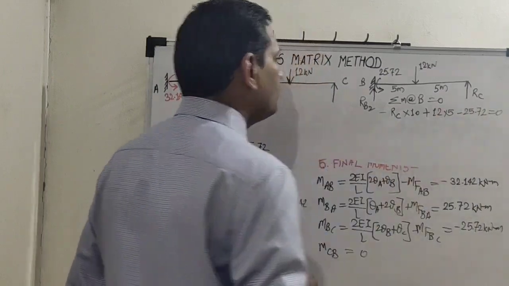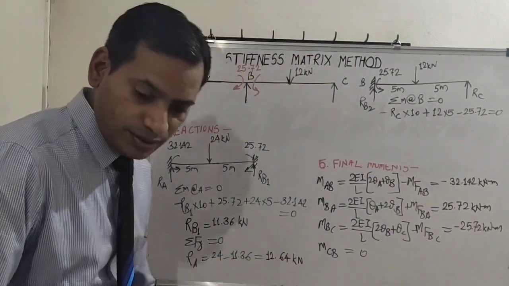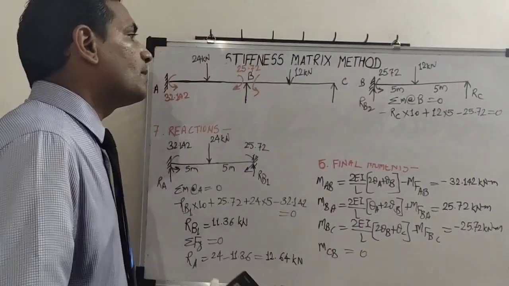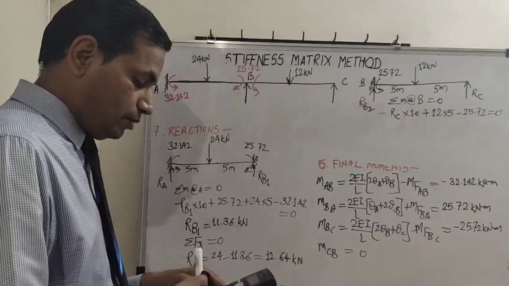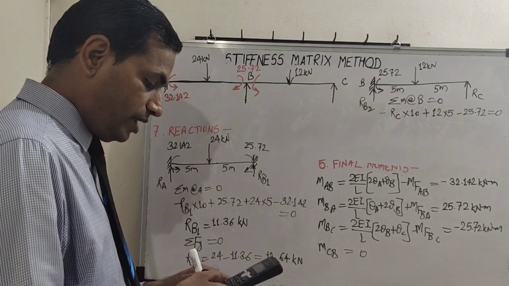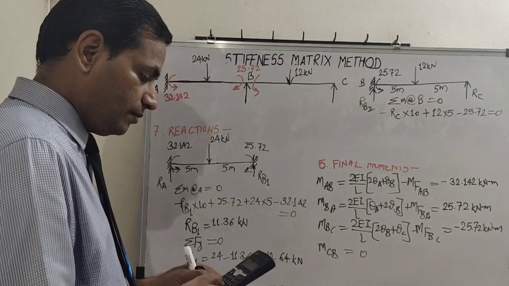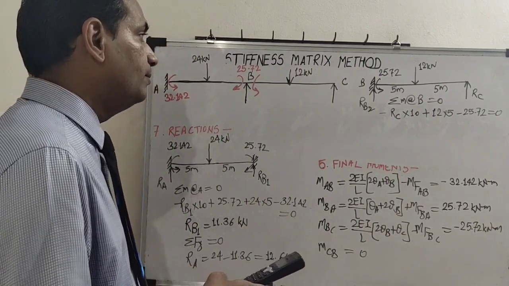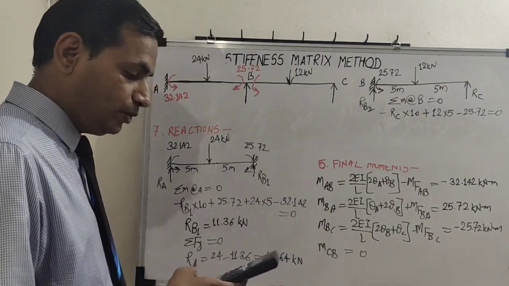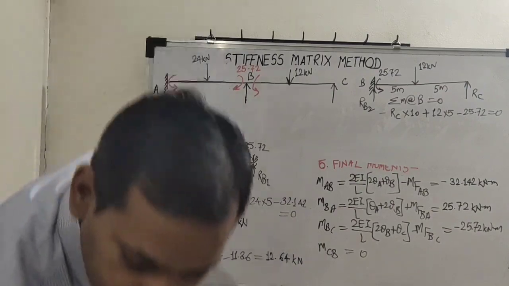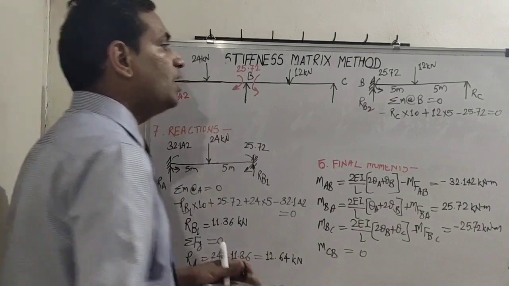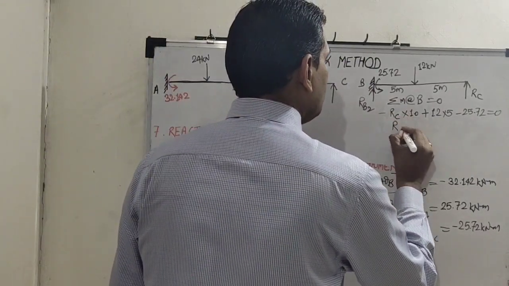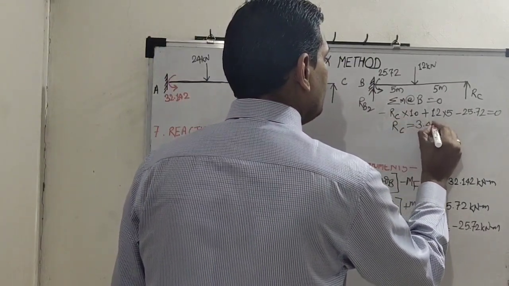This is equal to 0. Again solve this. So 60 minus 25.72 upon 10. So the answer is 3.43. RC value is 3.43 kilonewton.